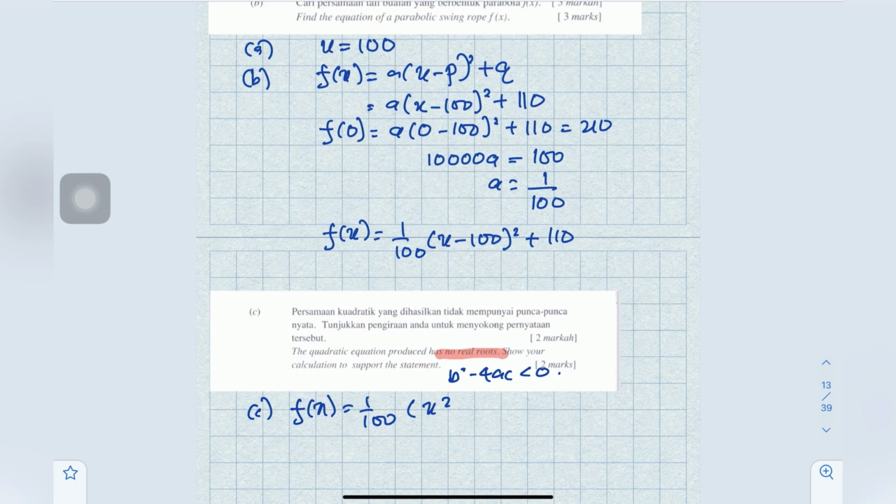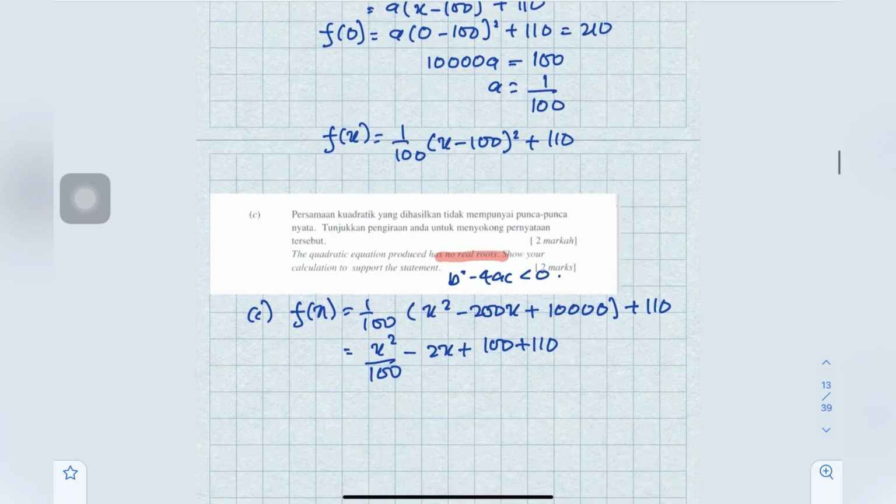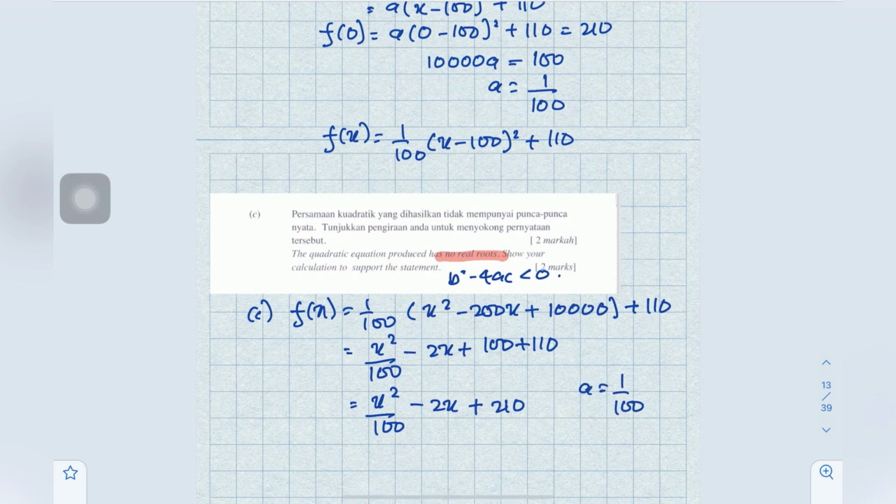X times negative 100 times 2 is negative 200X. I expand this quickly; this should be Form 5 content, so you should know how to expand quickly. Negative 100 squared is positive 10,000. Plus 110. So this becomes X squared over 100 minus 2X plus 100 plus 110. Finally, this is X squared over 100 minus 2X plus 210. So A is 1 over 100, B is negative 2, C is 210.